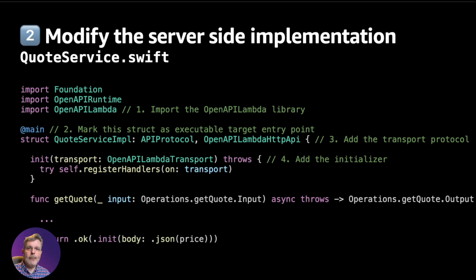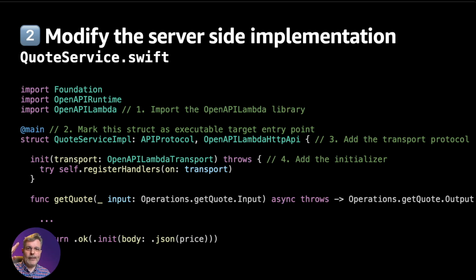So at runtime, the OpenAPI runtime will call that init method, the initializer, and it will register. This is where the registration of all the paths that you define in your OpenAPI YAML file will happen, and map them to the different functions.